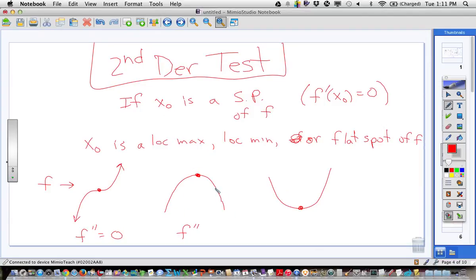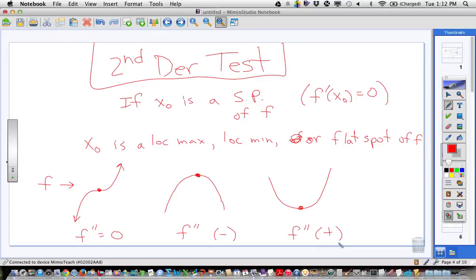Isn't this concave down the whole time? So what's f double prime? Negative, right? And this is concave up the whole time, so what's f double prime? Positive, right? This is switching from positive to negative f prime, the slope, so positive then negative.